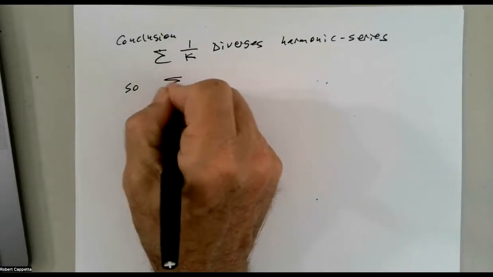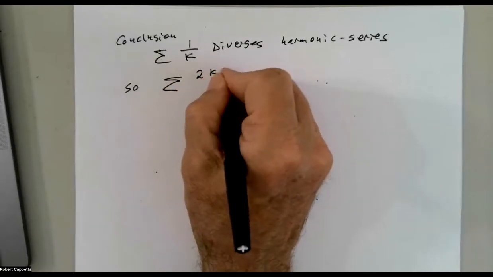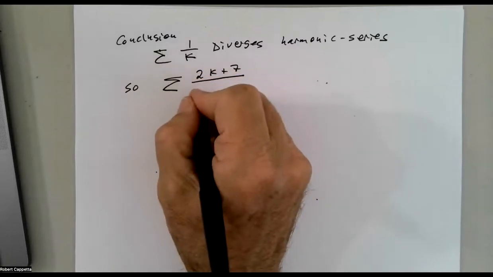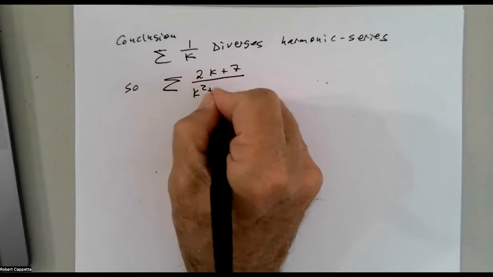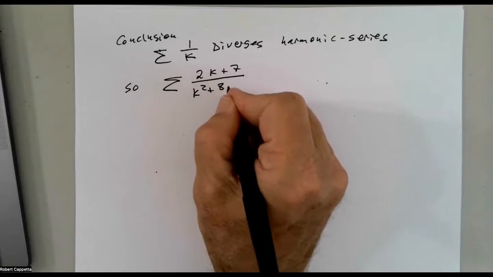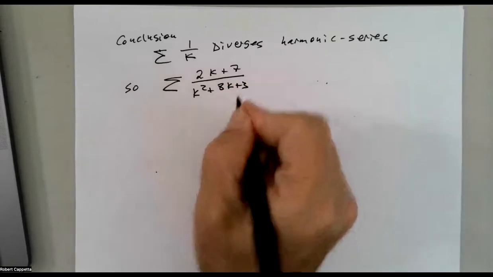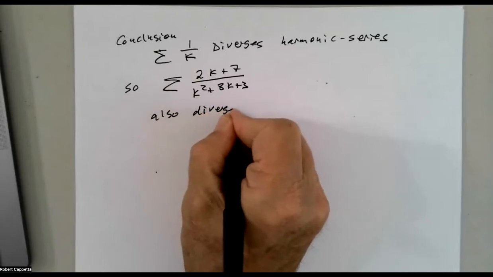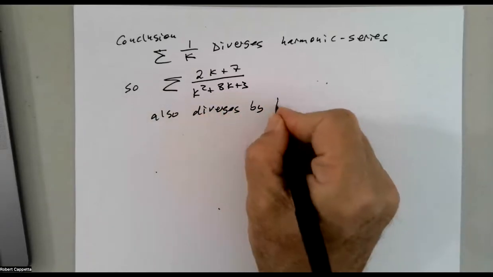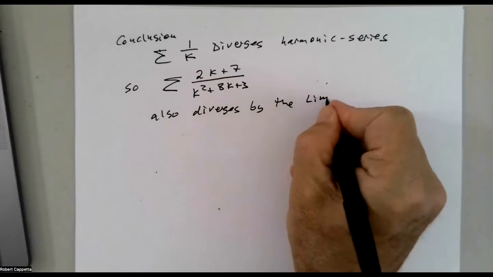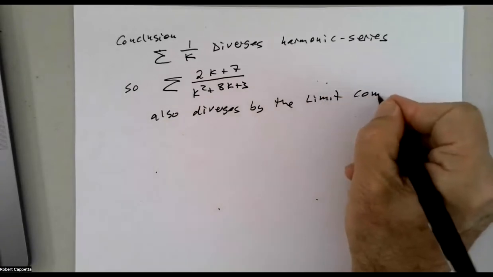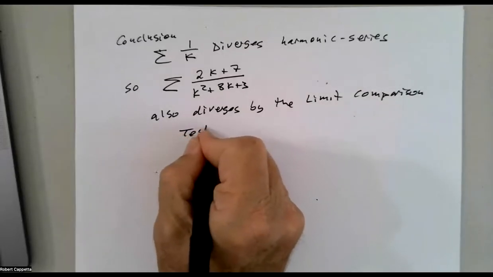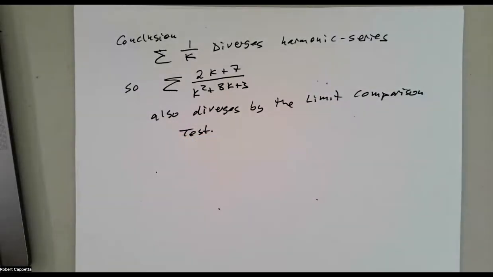So the sum of 2k plus 7 over k squared plus 8k plus 3 also diverges by what test? By the limit comparison test, but only if your limit is a positive finite number.